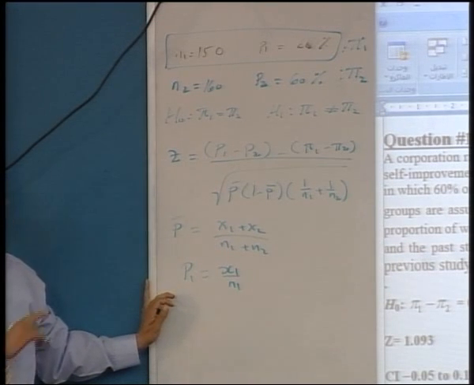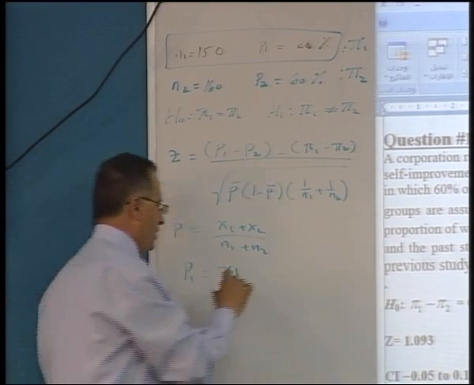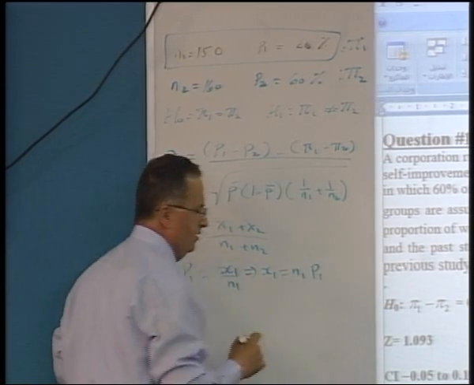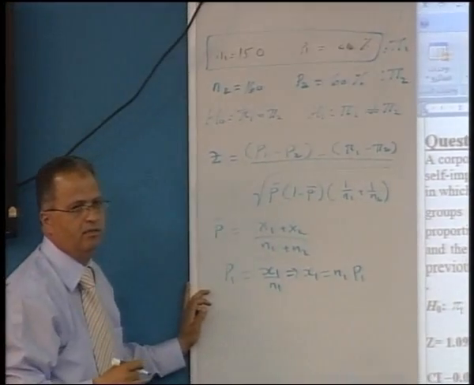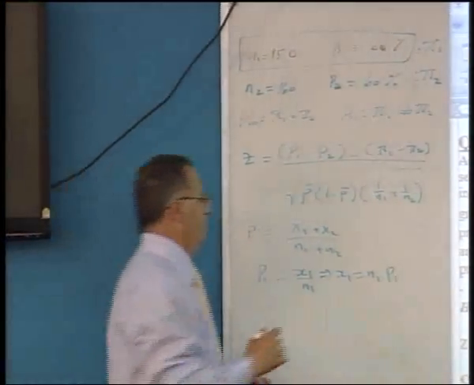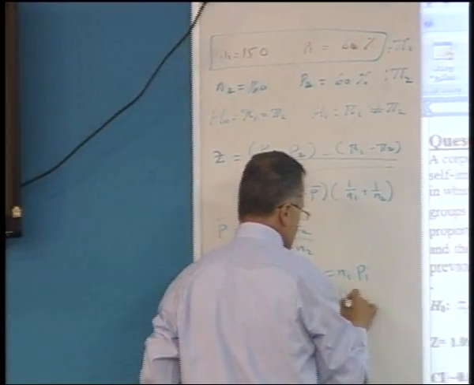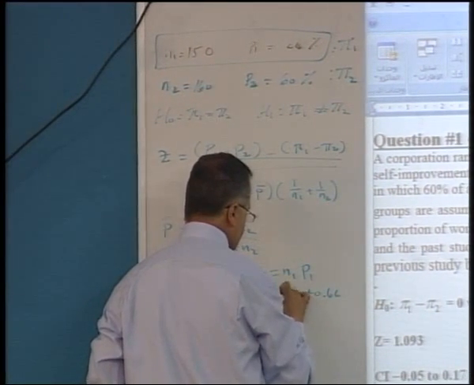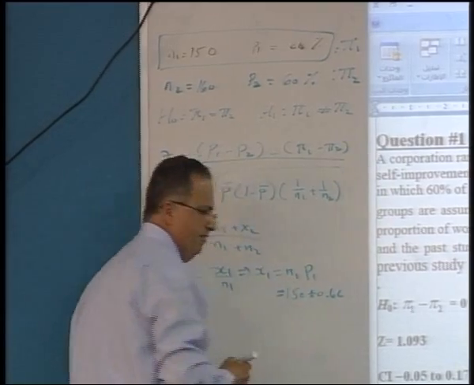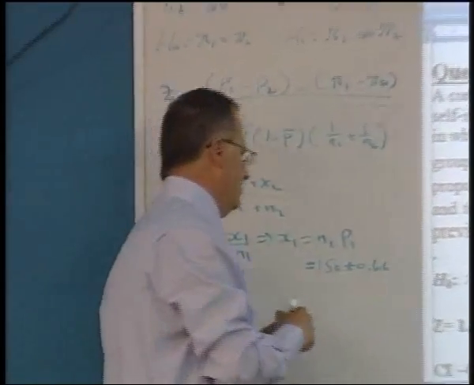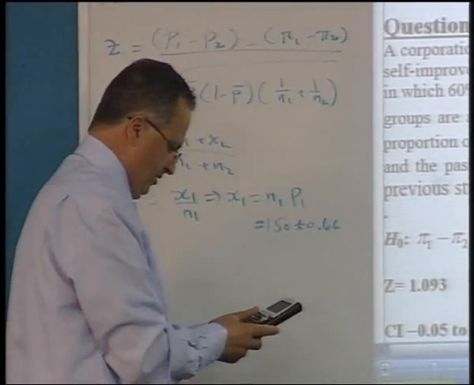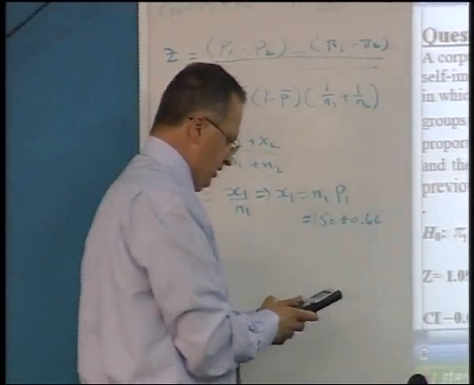So x1 equals n1 times p1, 150 times 66%, so that's 99.